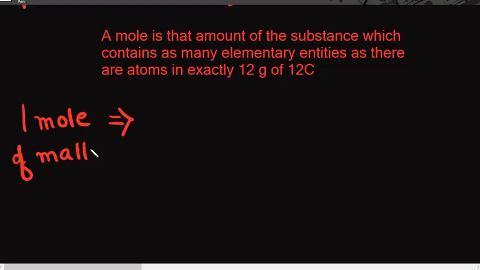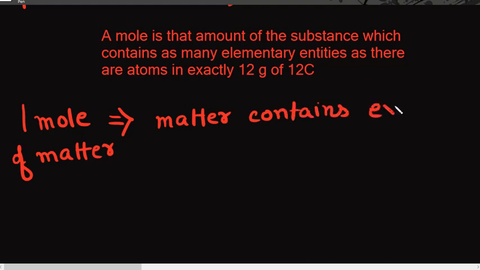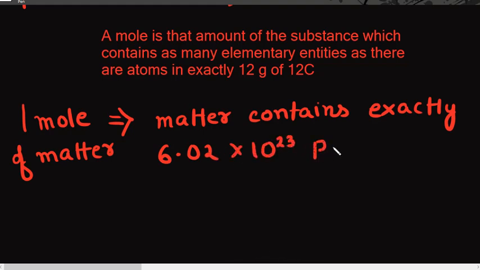So when someone claims a matter to be of 1 mole in quantity, that implies that the matter under consideration contains exactly 6.02 into 10 to the power 23 particles. It may be atoms, molecules, ions, or any other elementary entities.